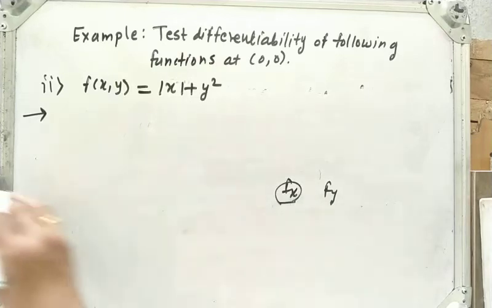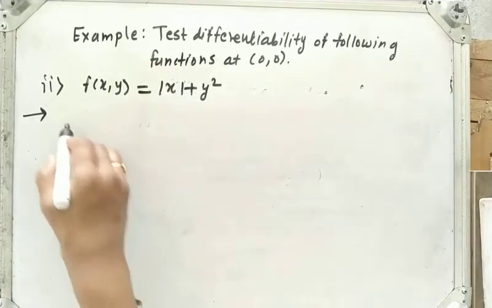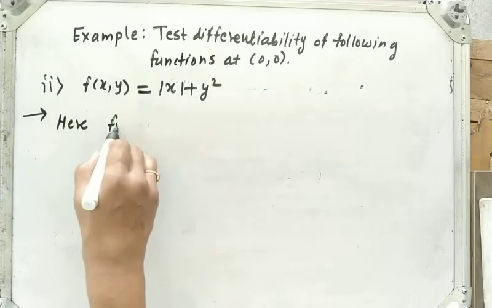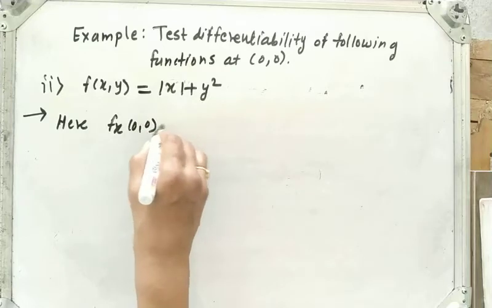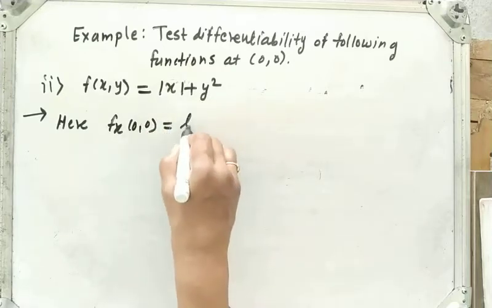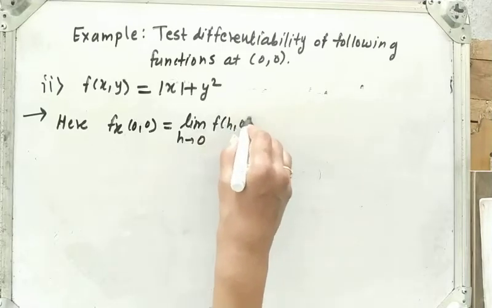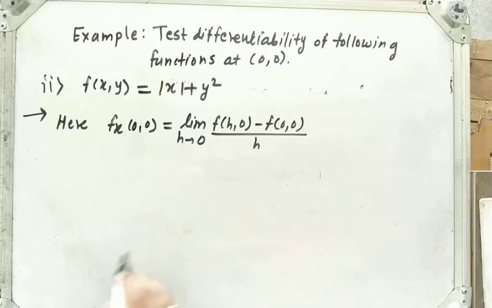So let us find out whether fx exists or not. What will be the definition of fx? So fx at which point? It is asked at (0, 0). So fx at (0, 0) is equal to, its definition is limit h tends to 0 of f(h, 0) minus f(0, 0) upon h.